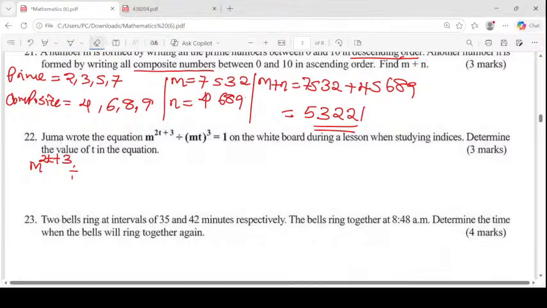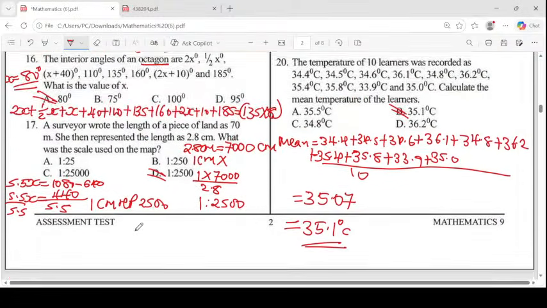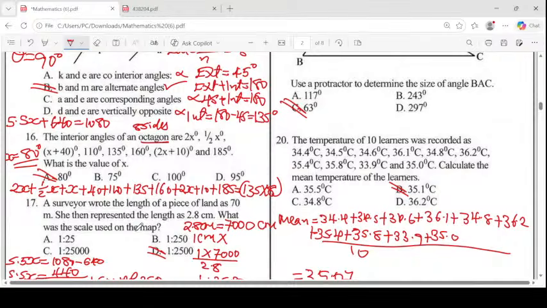So this summation should have been for 7532 plus 4689, and this should have given you a summation of 12,221. I think that is very, very clear.